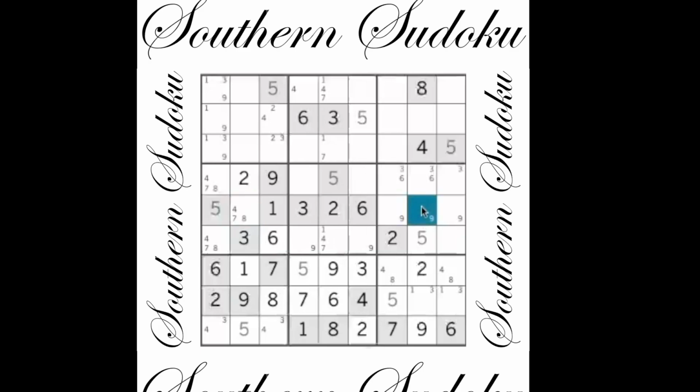So if in this line I need a 4, 7, 8, or 9, this is a 4 or 8 here. So that can only be a 7 or a 9.